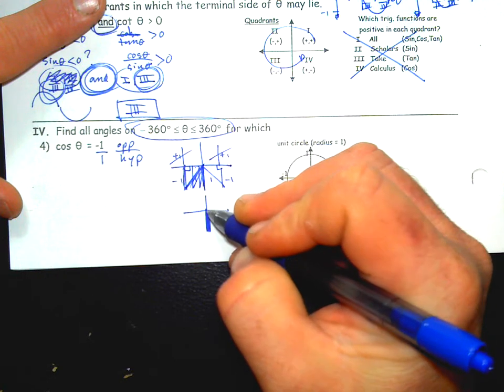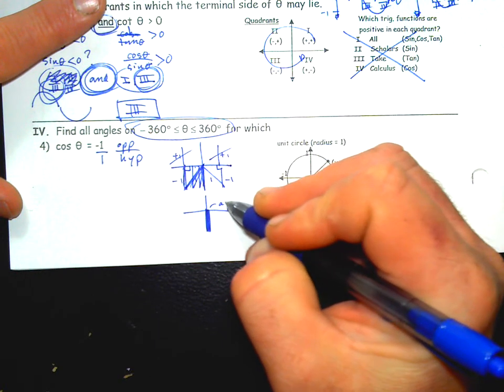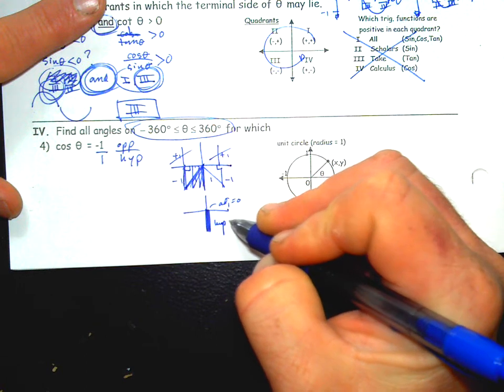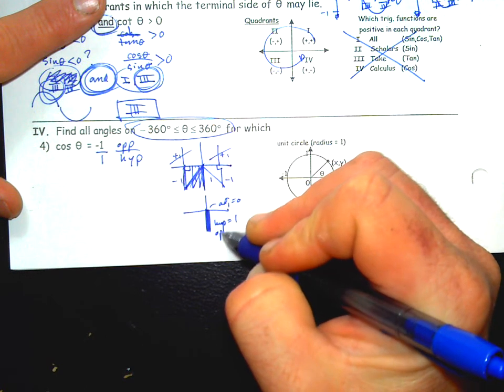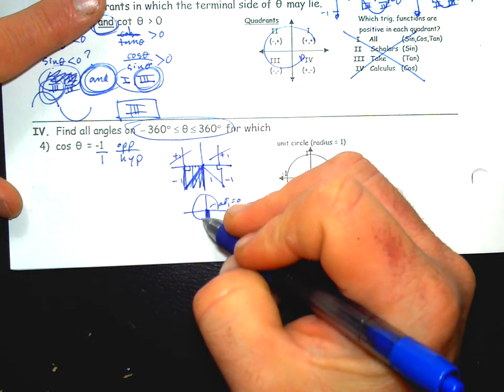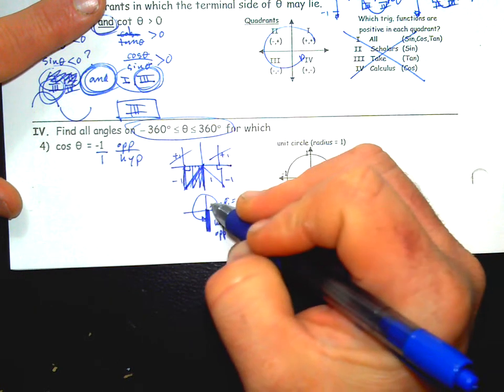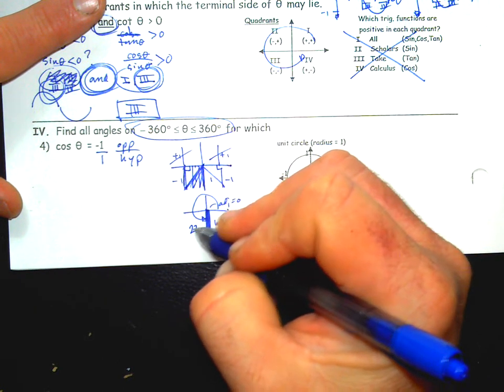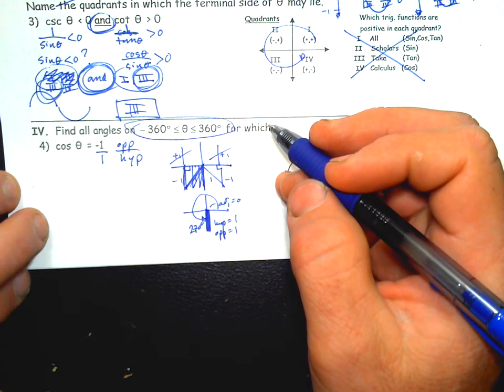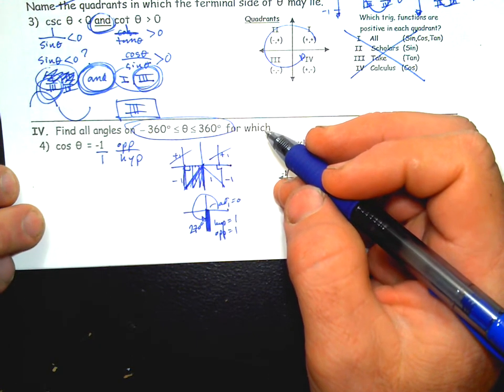The adjacent side is 0, right? Adjacent side 0, but hypotenuse is 1 and the opposite side is 1 also. What angle is that? That's 90, 180, 270, 270 degrees. That's when that happens. Now, actually, I think I messed that up.